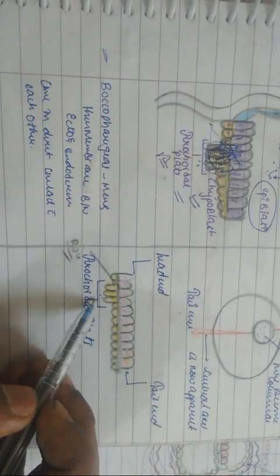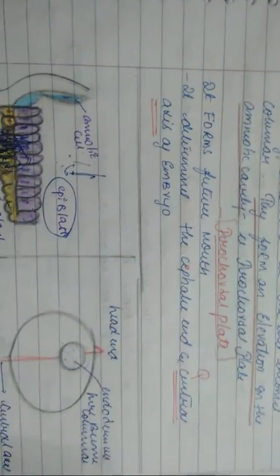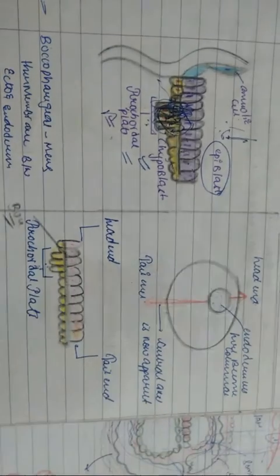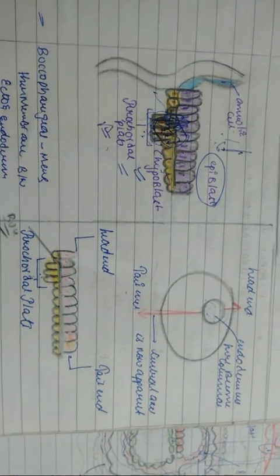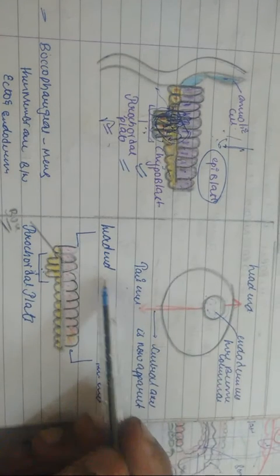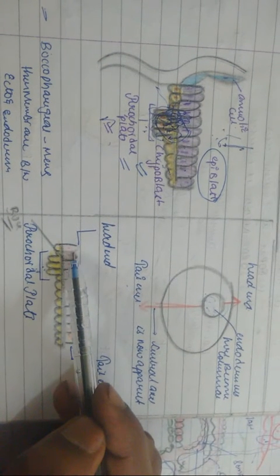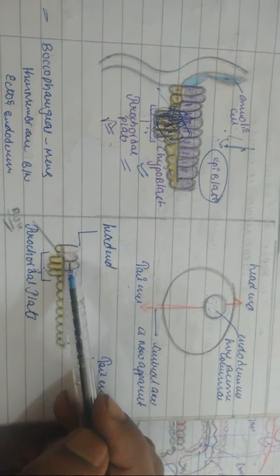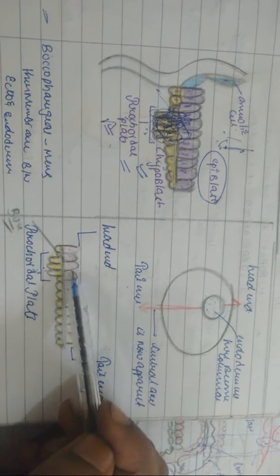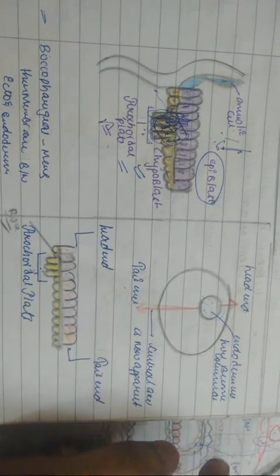So it determines the cephalic end and central axis of the embryo. What does it mean? Since this is the point of the prochordal plate, it is going to form the cephalic end. If that is the cephalic end, the region anterior to this prochordal plate will form the head end. So these are the things you have to understand.